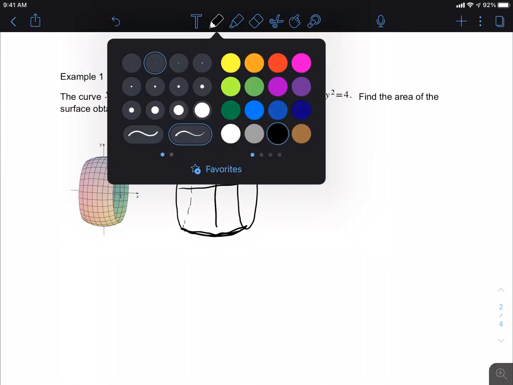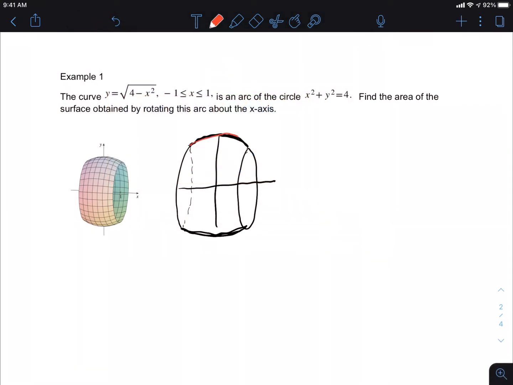But this is the function here, y is equal to the square root of 4 minus x squared. Do you all agree with that? Yes. Okay, and the bounds here are from -1 on x to 1 on x.